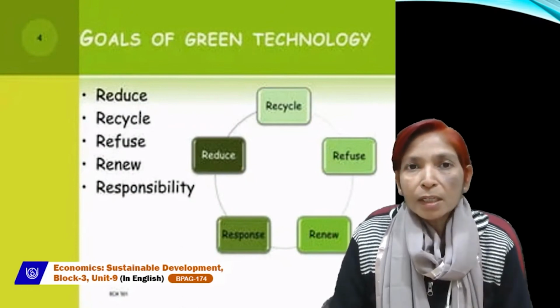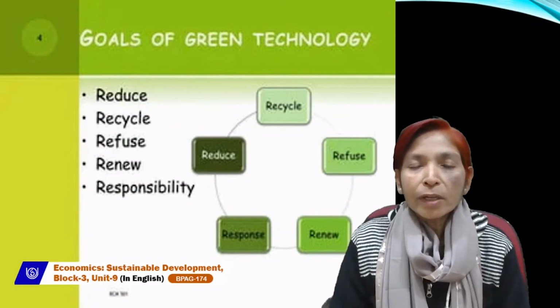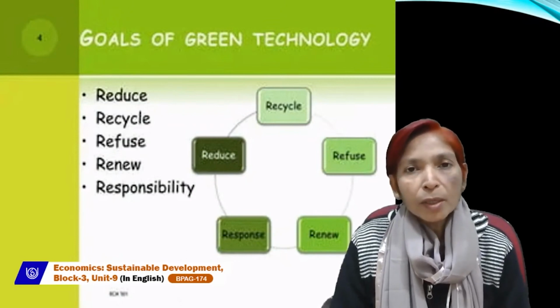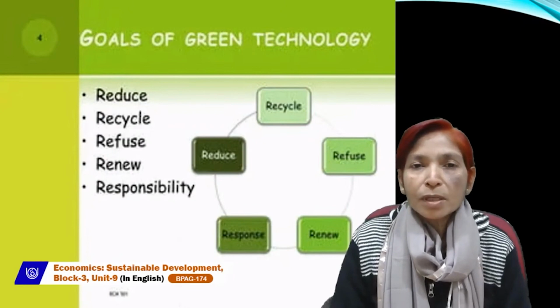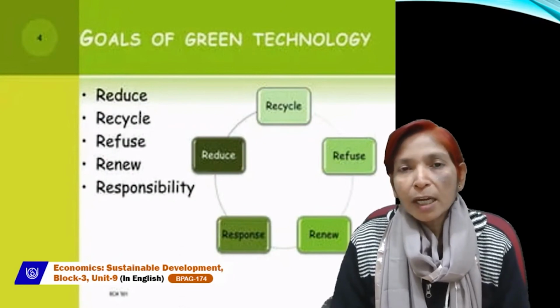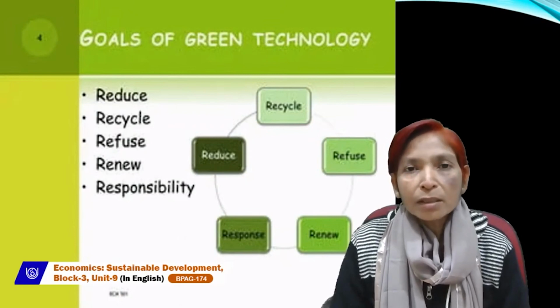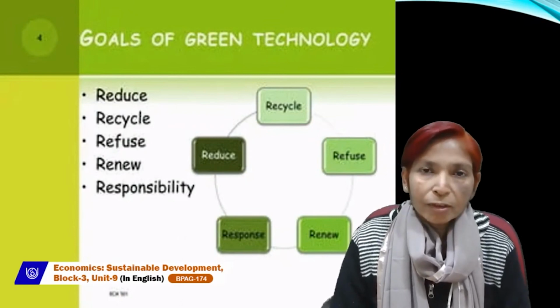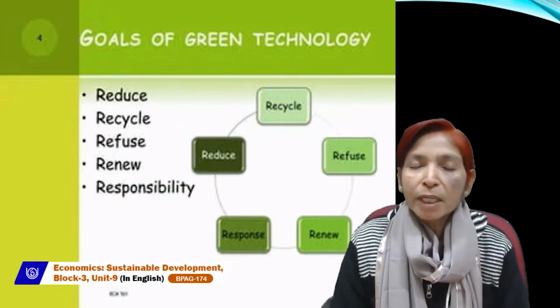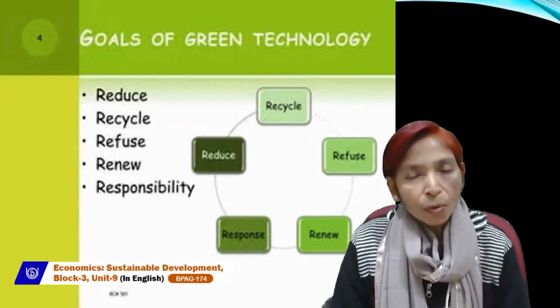Otherwise, if we rapidly use all the available natural resources, whether renewable or non-renewable, it will create an environmental degradation problem, and it will adversely impact all human beings of the whole world.